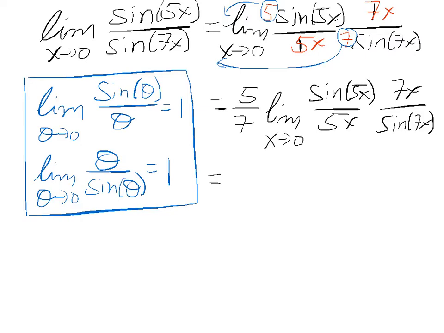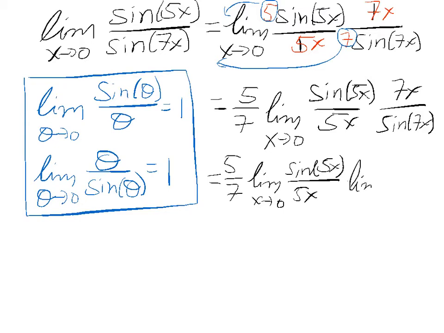And then you should already be able to predict what's going to happen. The limit of a product is the product of the limits. So I have the limit of sine 5x over 5x times the limit as x goes to 0 of 7x over sine 7x.